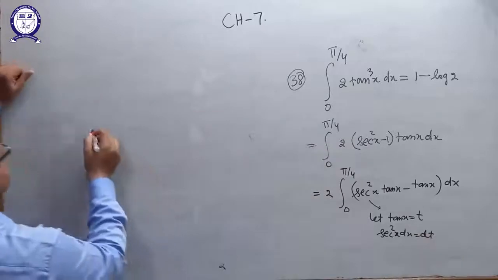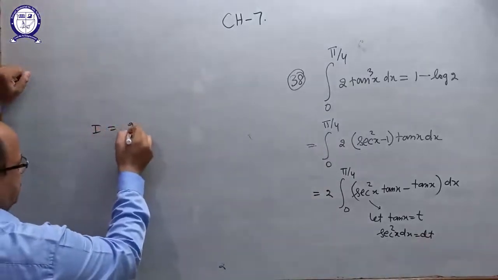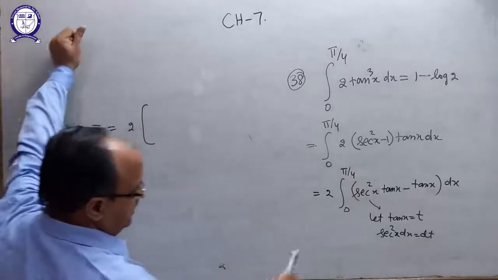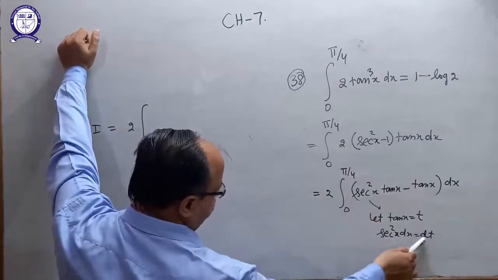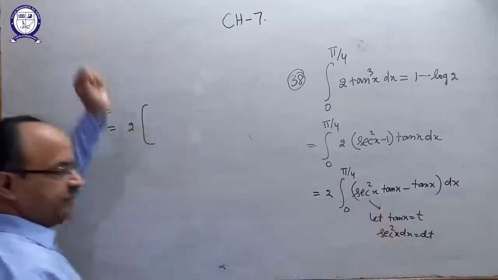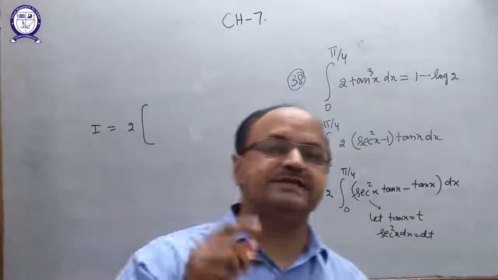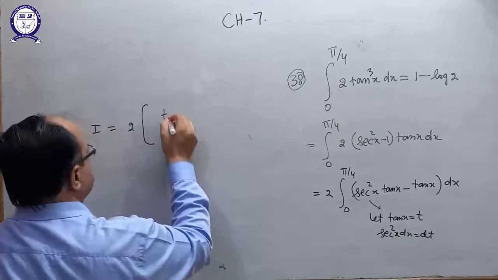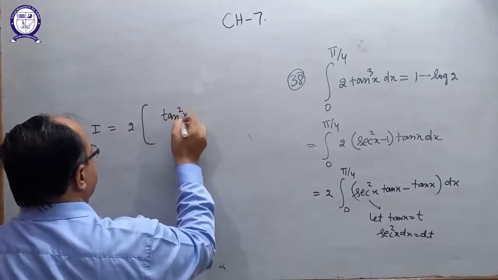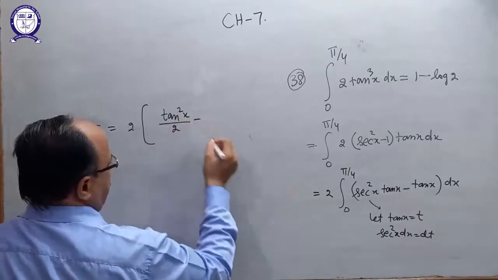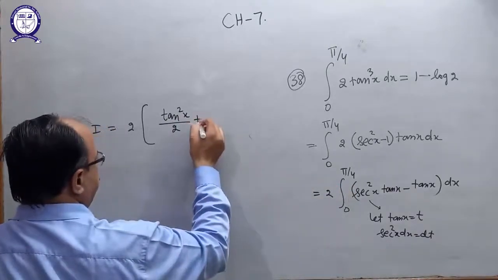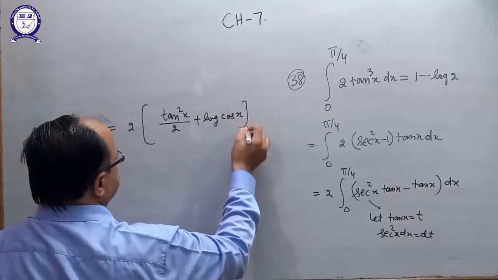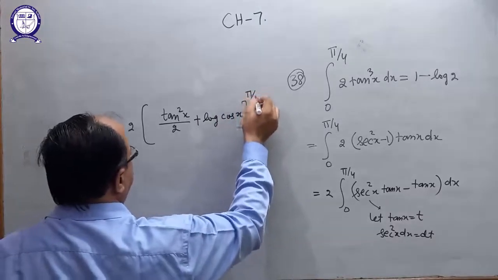Therefore, you can write sec square x dx converted into dt. Here it will become t, and the integral of t is t square by 2, that is tan square x by 2, minus the integration of tan x, that is log cos x, from 0 to pi by 4.